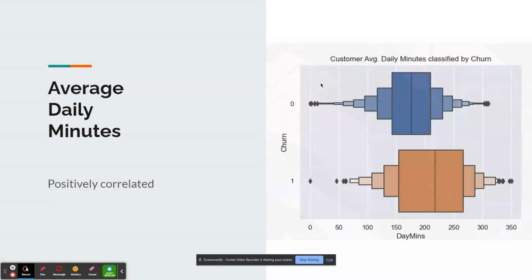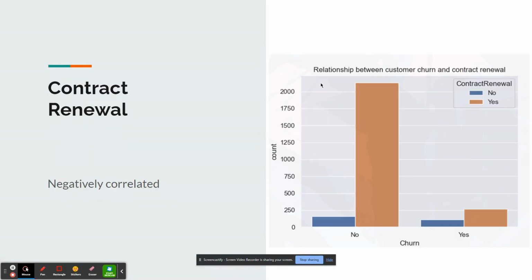So for people that do leave the company eventually, 50% of them have above 220 ish daily minutes, and that's huge. That means people that use more daily minutes or get more daily minutes charged to them are more likely to leave the company as well.